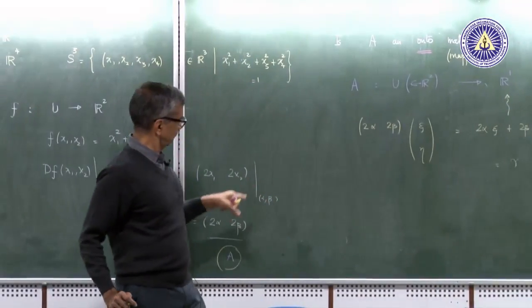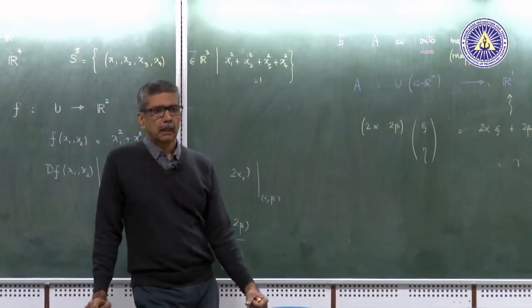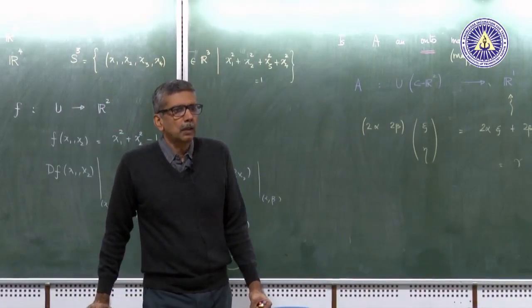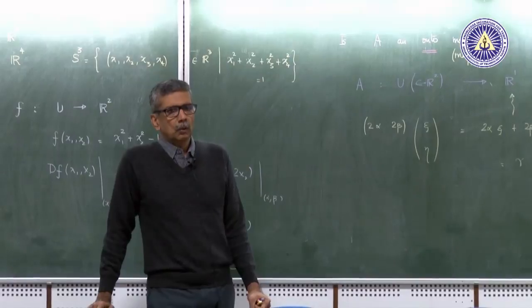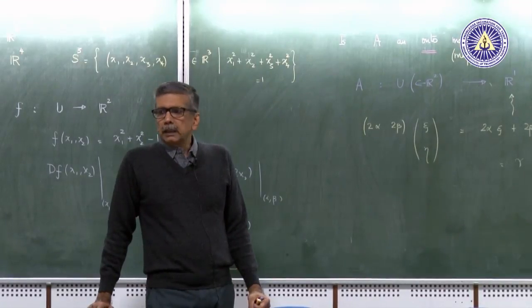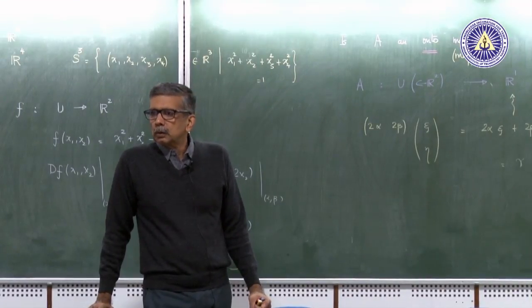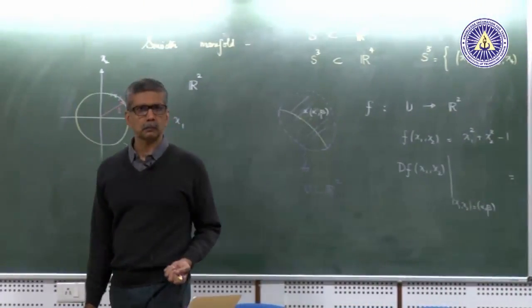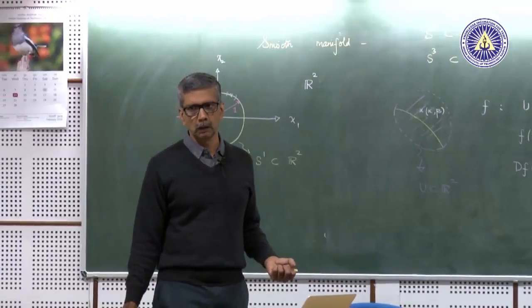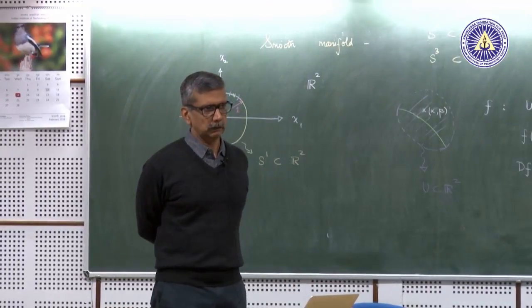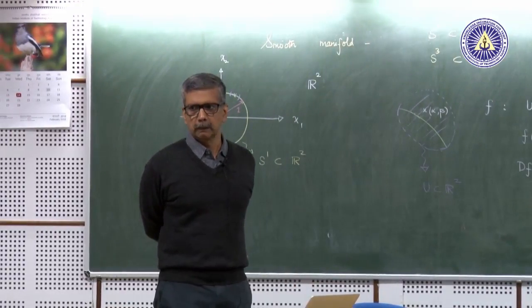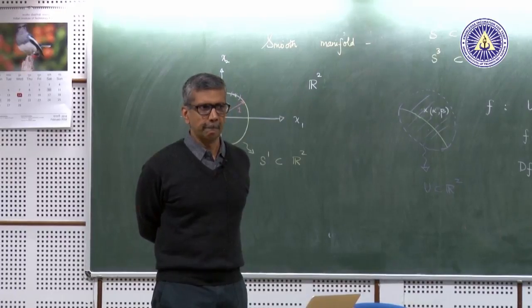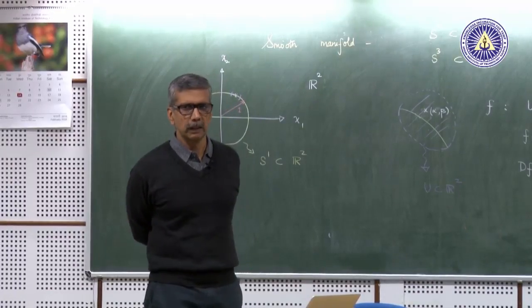Is that true for this matrix? Then if it is true, it is called an onto matrix or an onto mapping. Yes or no?